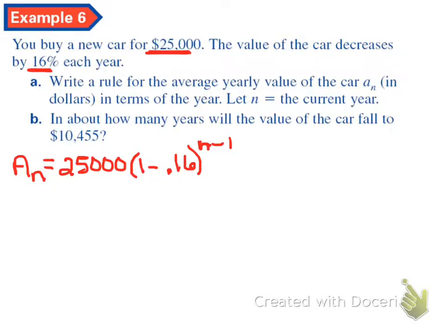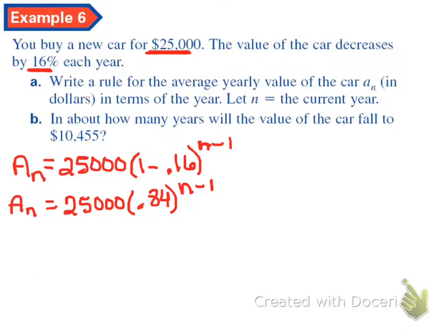So we have to find what our rate of decrease is here. If it's decreasing by 16%, then the value that remains would be 84%, raised to the power of n minus 1. So this would be the rule for any term.